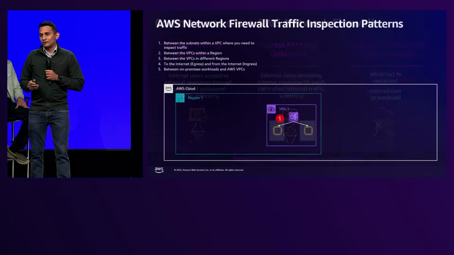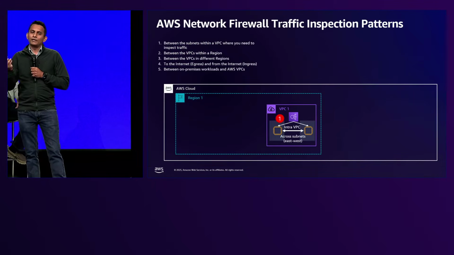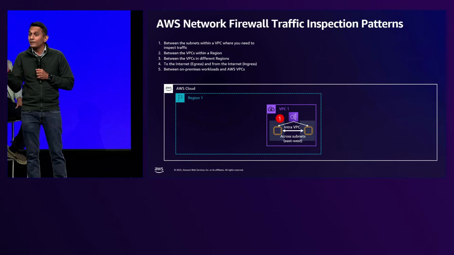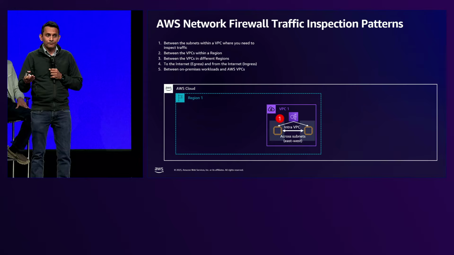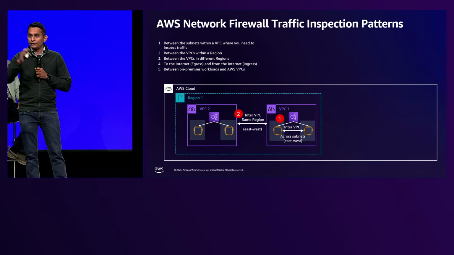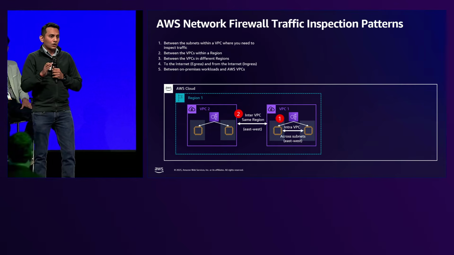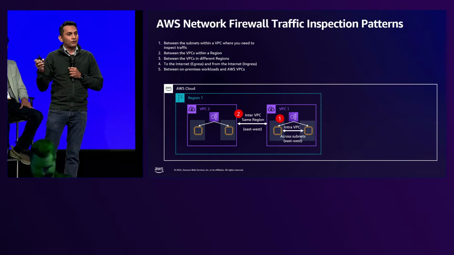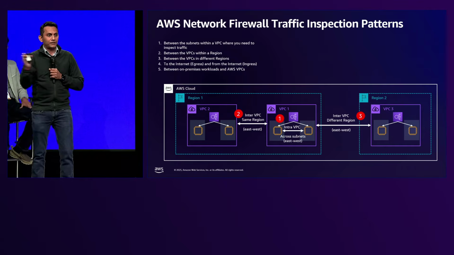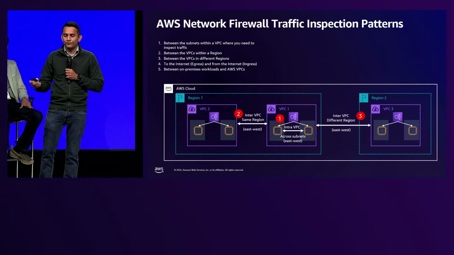These are some of the constructs in AWS where you can deploy a firewall to inspect traffic. So you can inspect traffic between two subnets of a VPC. You can inspect traffic across VPCs which are deployed in the same region. Or you can also monitor traffic between VPCs across two different regions. So these are all your east-west traffic inspection use cases.